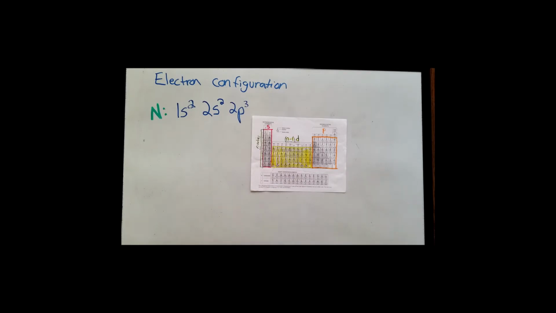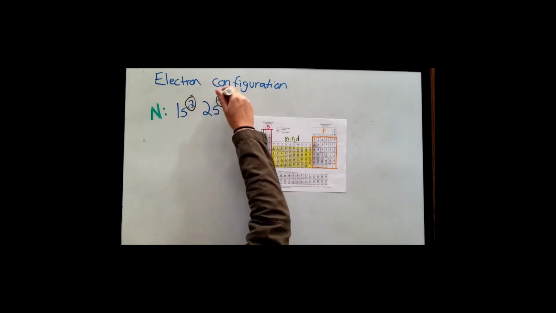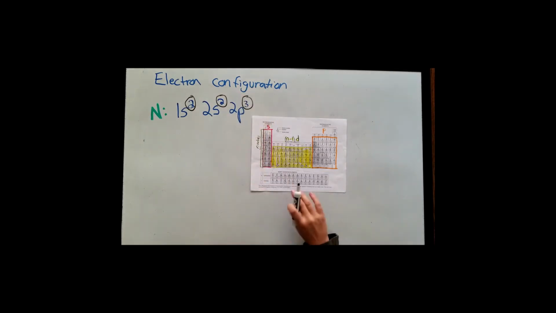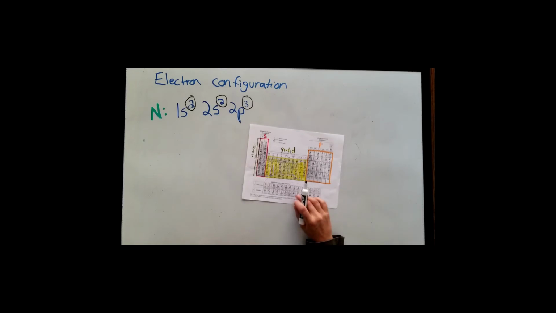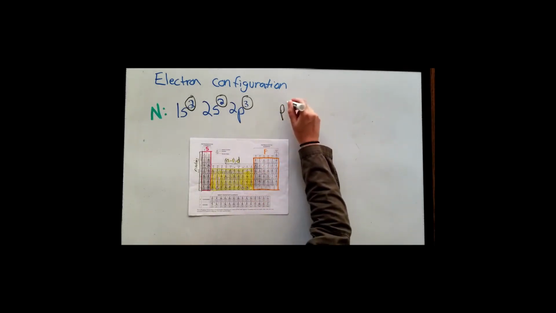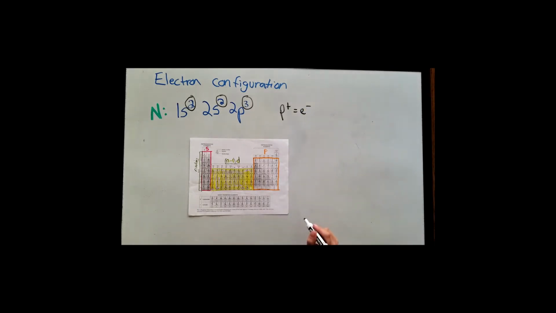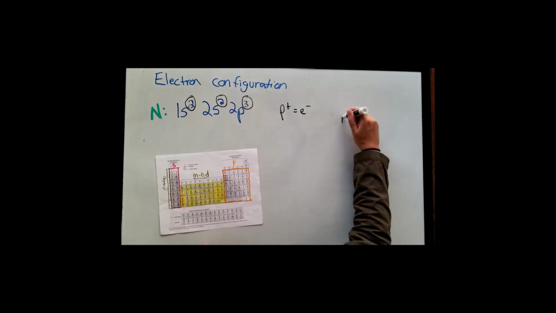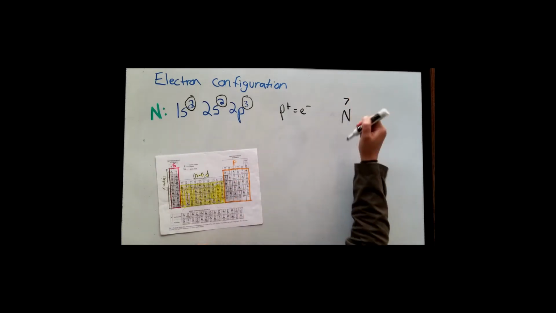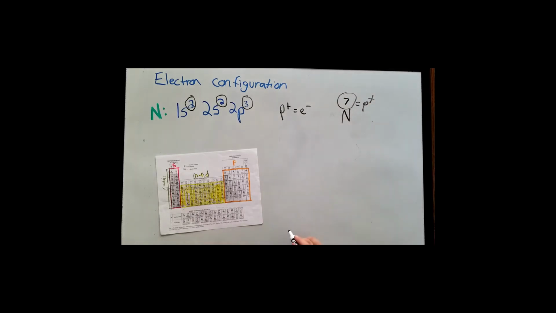Now these numbers that I have up here are representing the electrons in an atom of nitrogen. And since we're talking about neutral nitrogen, if you remember about neutrality, when something's neutral, the protons equal the electrons. And nitrogen, since it's number 7 on the periodic table, has 7 protons.